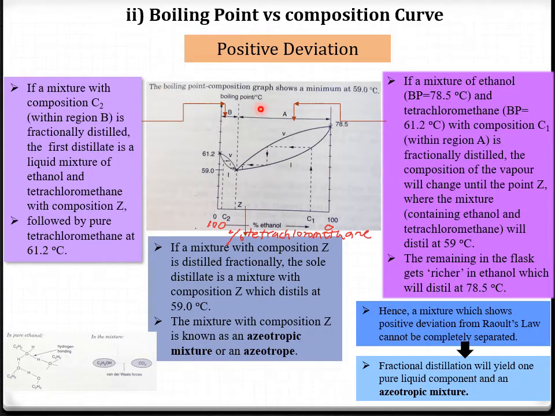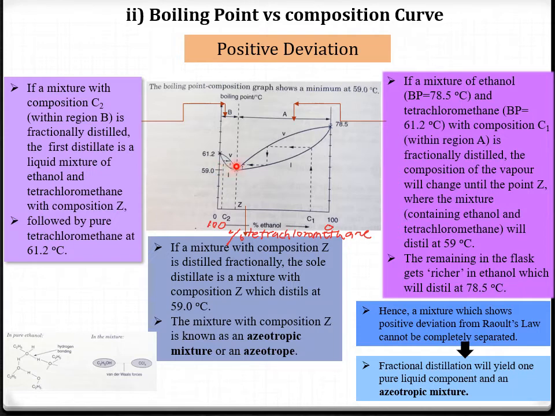Let's consider this boiling point versus composition graph. Okay, we consider this region first, which is region A. If a mixture of ethanol and tetrachloromethane with a composition of C1 is fractionally distilled, the composition of the vapor will change until the point Z here, where the mixture containing ethanol and tetrachloromethane will distill at 59 degrees Celsius.